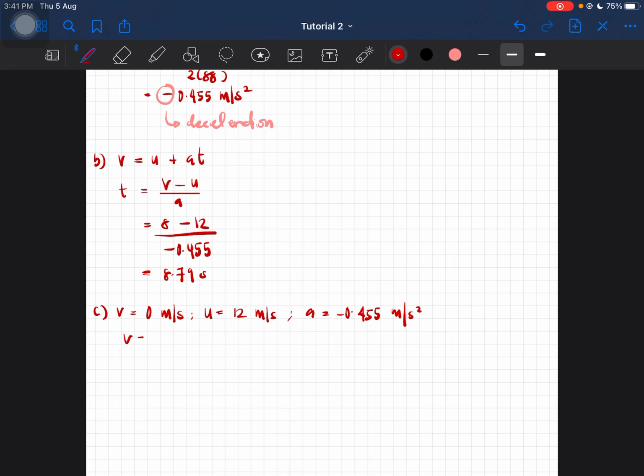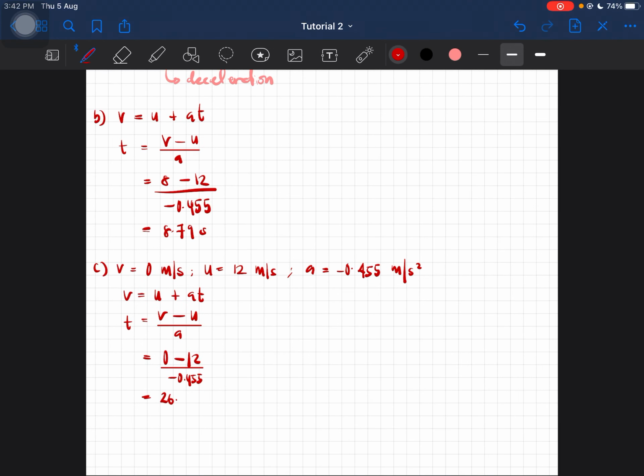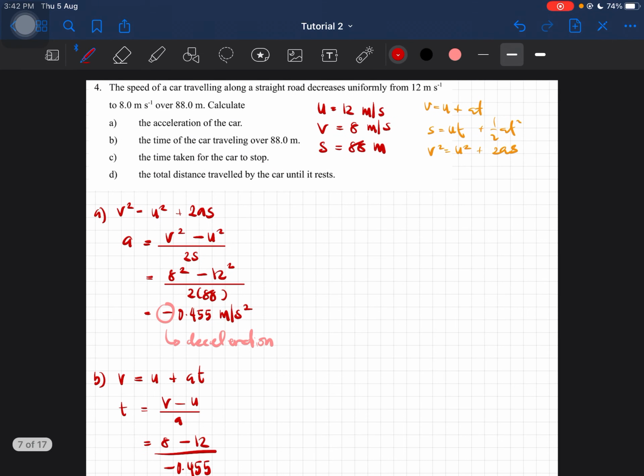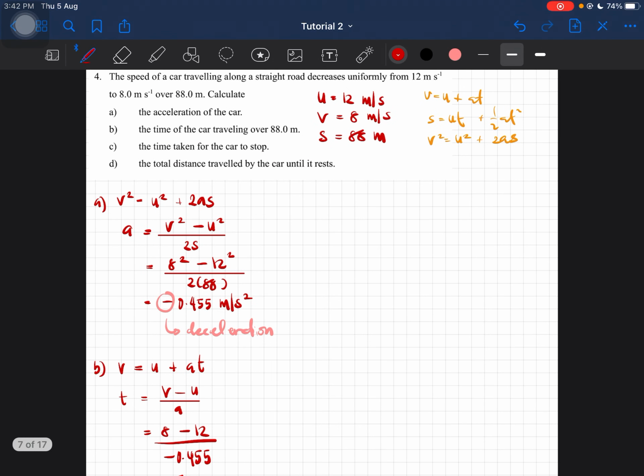Then we can use the formula v = u + at to find the time taken for the car to stop. Okay, so t = v minus u over a. So v is 0 minus 12 over negative 0.455. You'll then get the time to be 26.4 seconds. Okay, so that is the time for the car to stop.